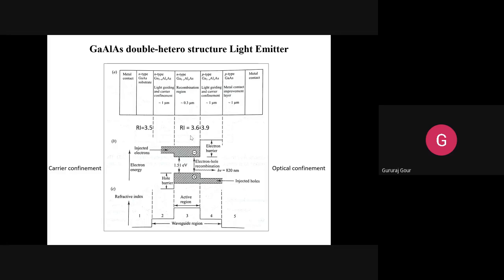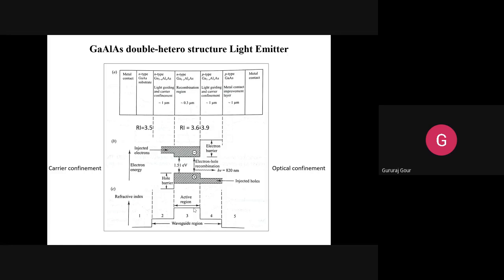So the active region is actually acting like a core, and its surrounding layers 2 and 4 are acting like a cladding. So regions 2 to 4 should match the characteristics of the core and cladding of the optical fiber that you want to connect to the LED.